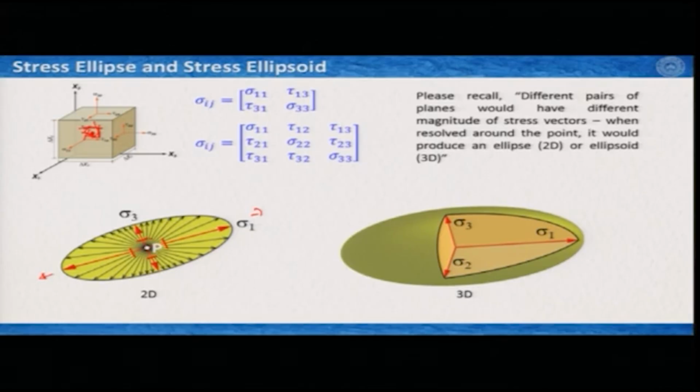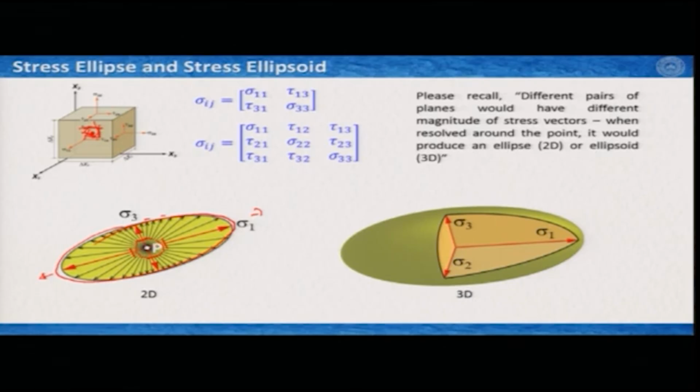Now, of course, you can have n number of planes around it, and you can draw their normal components with their respective magnitudes. So, if you connect all these points, you would certainly end up with an ellipse, and this ellipse is known as the stress ellipse when you consider it in 2 dimensions.